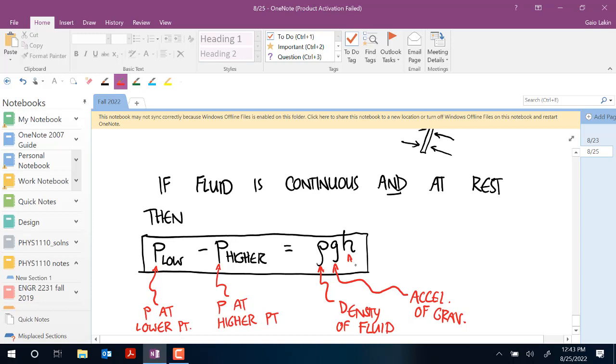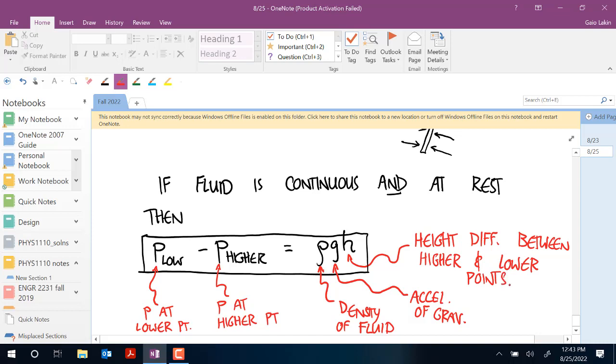And then h is the height difference between the higher and lower points. So you could use this to figure out the pressure at the bottom of a swimming pool, or you can use this to figure out the pressure in a gas.